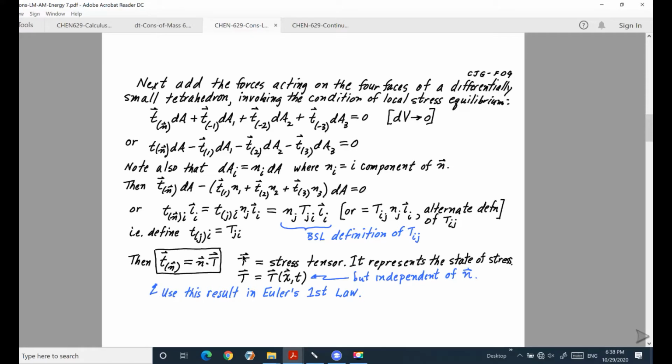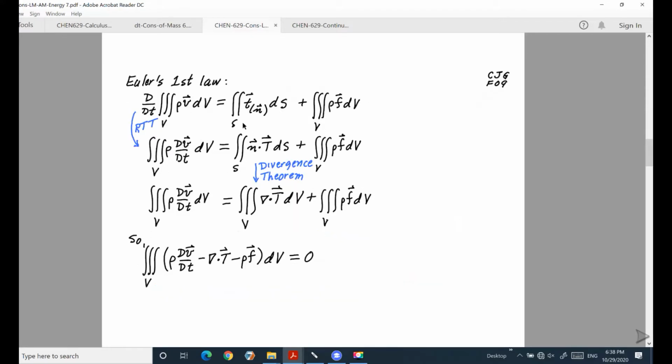So we can get this, and we had that one before. Now we have this one. Instead of that vector, we can write this one.